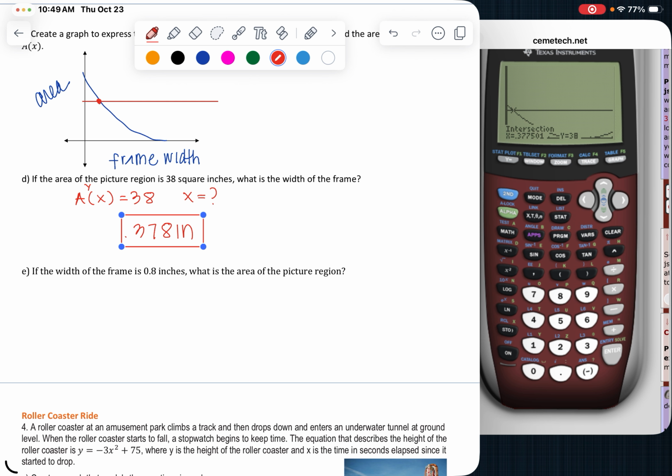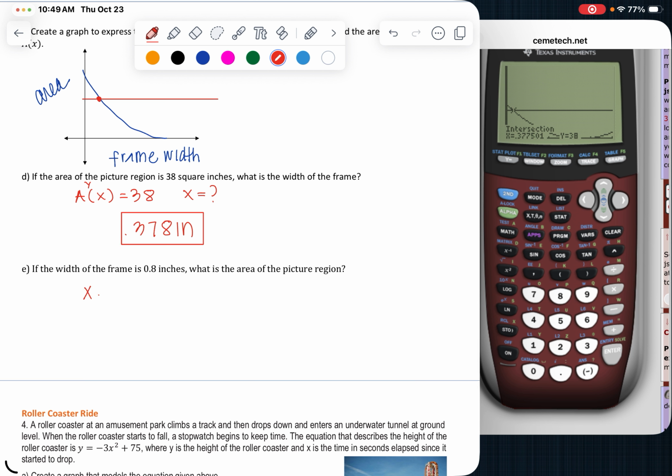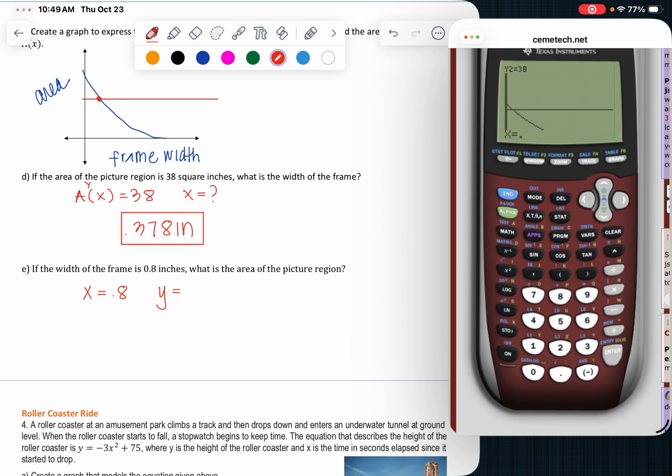All right, last question. If the width of the frame is 0.8 inches, so if x is 0.8, what is the area? When they ask me for the y value and give me an x value, all I have to do is type it in. So I'm going to do 0.8, enter, and I know that there's a mistake being made right now, but I'll show you what it is.